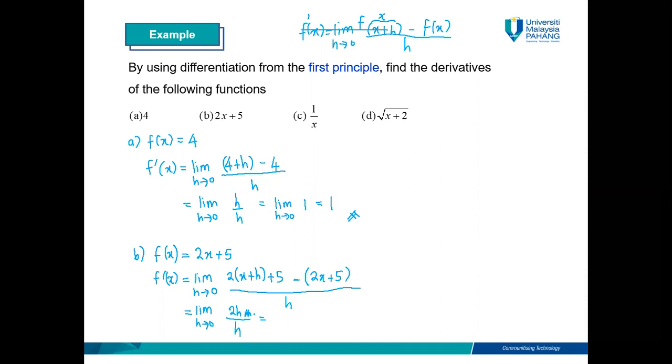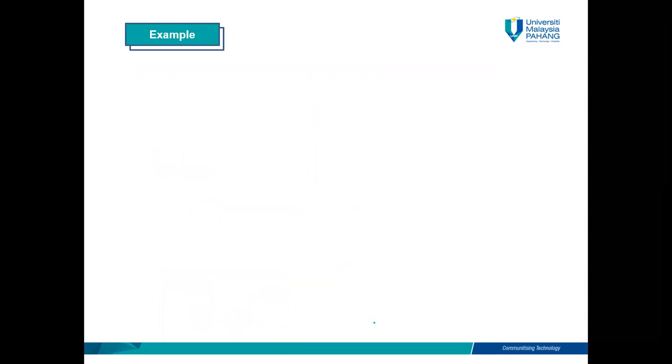So akan jadi apa? Cancel off. Dia akan jadi limit of 2 when h approaches to 0. So the answer is 2. Okay? Okay, that is B. Okay, next.